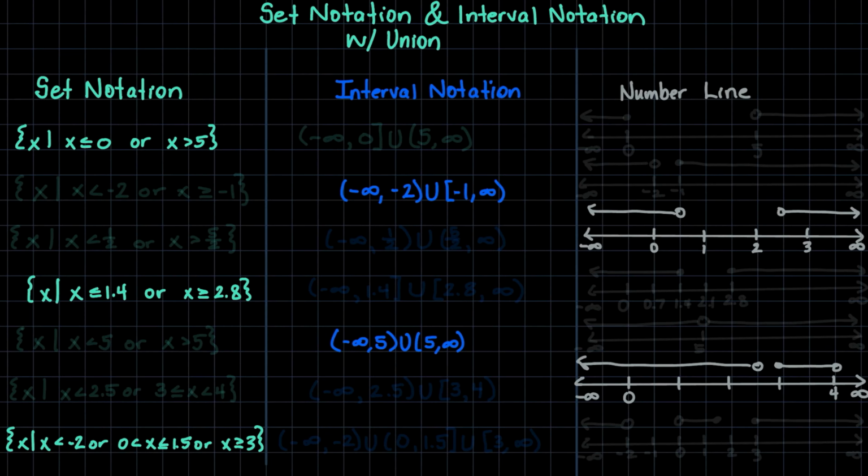First, we have x such that x is less than or equal to 0, or x is greater than 5. So less than or equal to 0 means negative infinity to 0, 0 included, or means union. Strictly greater than 5 means 5 not included and travels to infinity.